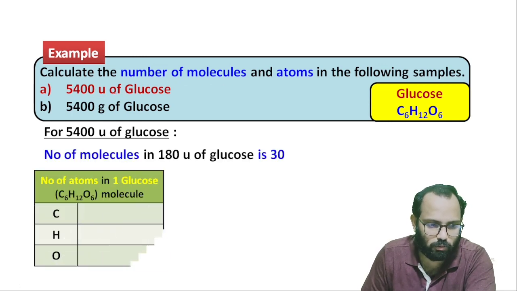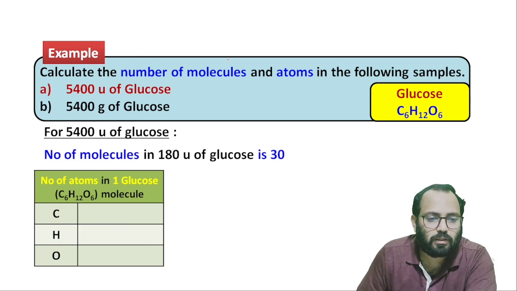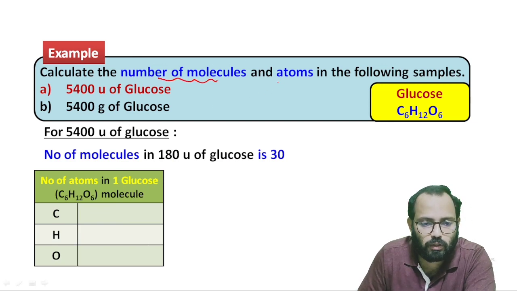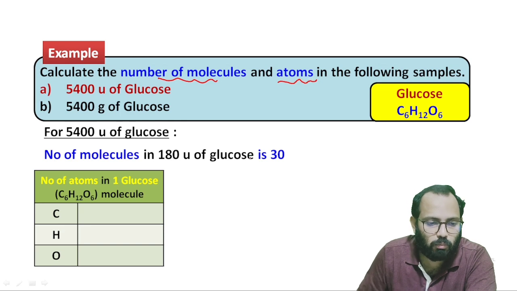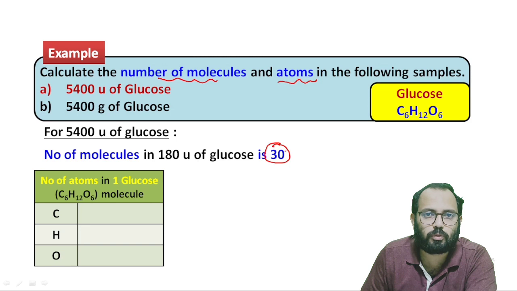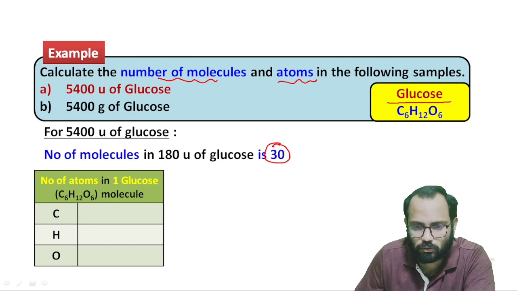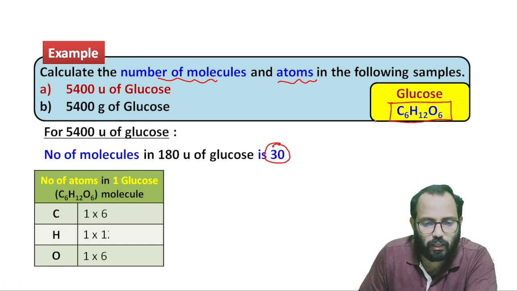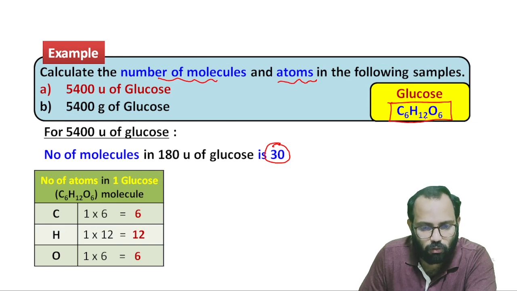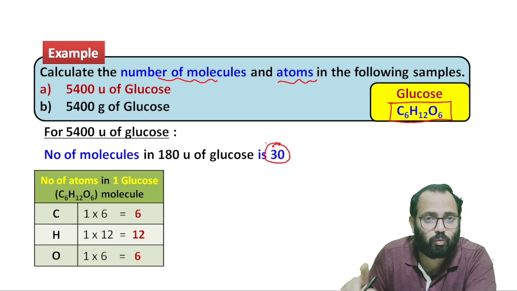Now you got the number of molecules. Not only the number of molecules, we have to find out the number of atoms. 30 molecules of glucose are there. We know the formula of glucose, it is written here. Glucose contains 6 carbon atoms, 12 hydrogen atoms and 6 oxygen atoms. That is for one molecule.